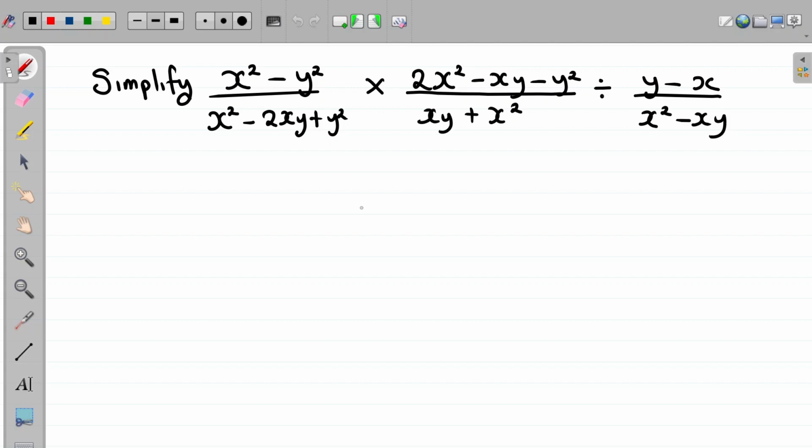So we are given to simplify this algebraic expression. Let's start by writing our solution.